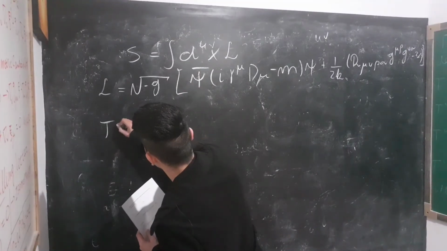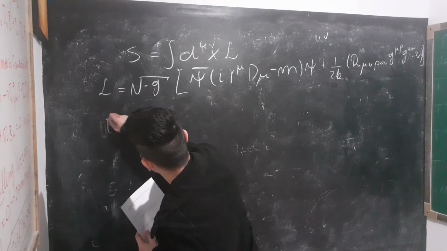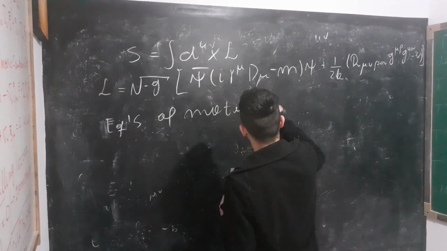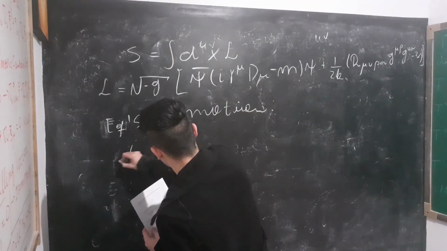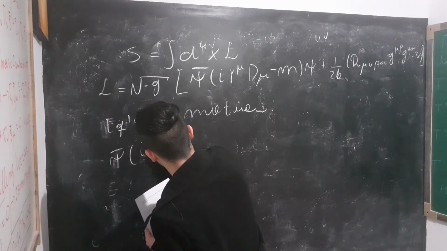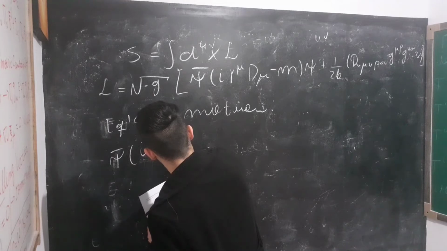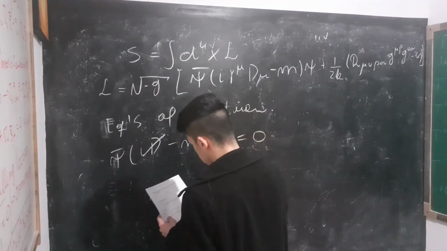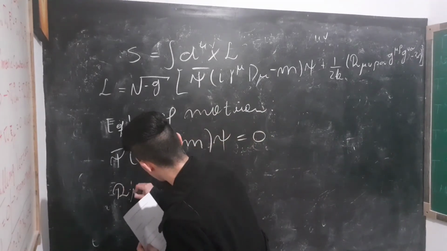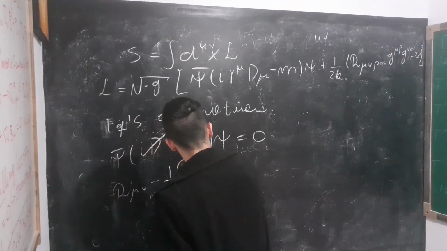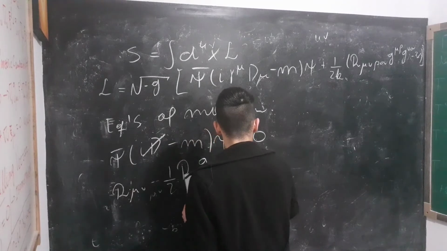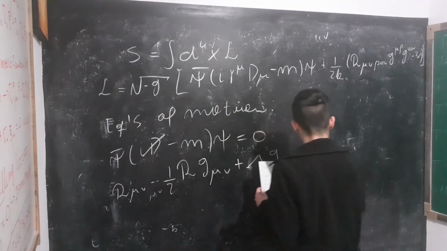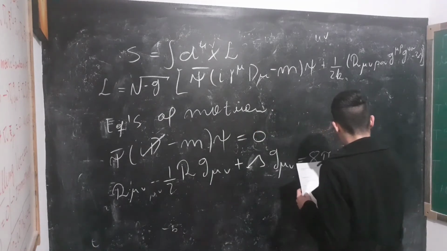And then the equations of motion are the Dirac equation, psi bar (i d-slash minus m) psi equal to 0, and R mu nu minus 1/2 R g mu nu plus lambda g mu nu is equal to 8 pi T mu nu.